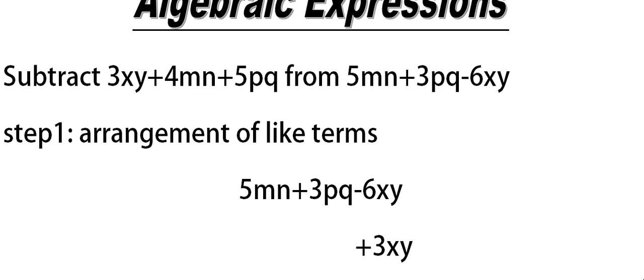Okay, next is plus 4mn. This plus 4mn will be written just below 5mn, because I have to arrange the like terms. So I will write 4mn. Next is 5pq, which will be written just below 3pq along with the sign that it carries.